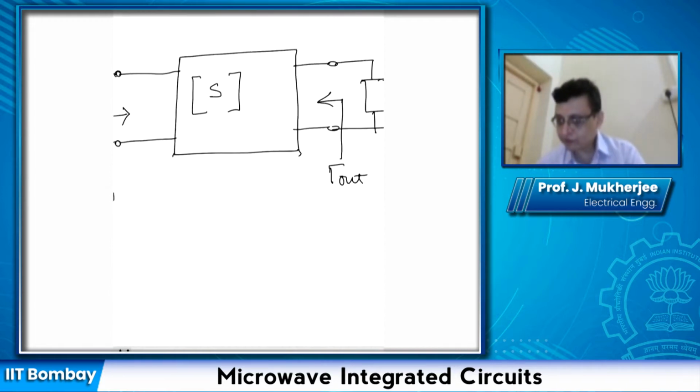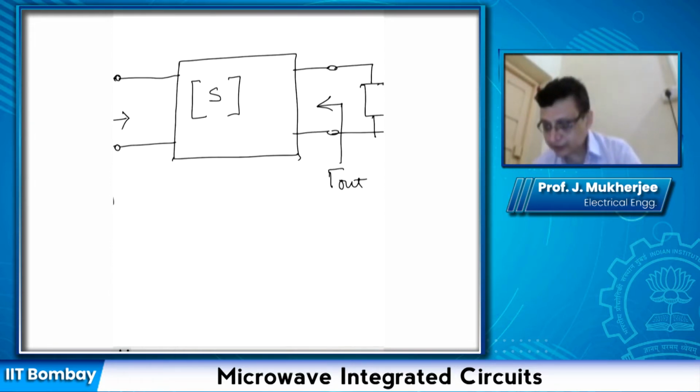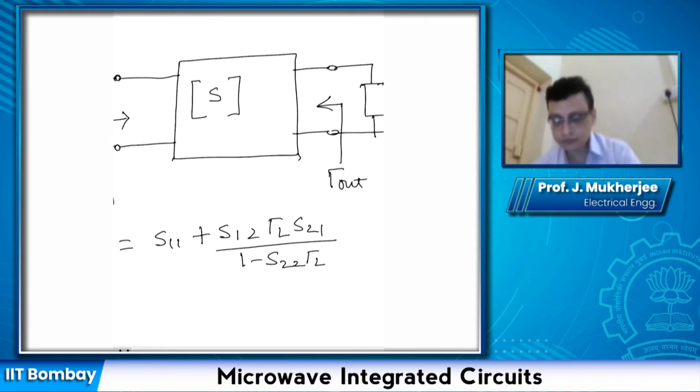So we know the formula for gamma in, right? Because gamma in is equal to S11. This we covered in the previous parts. Okay. Now, what was the condition for stability in terms of gammas?